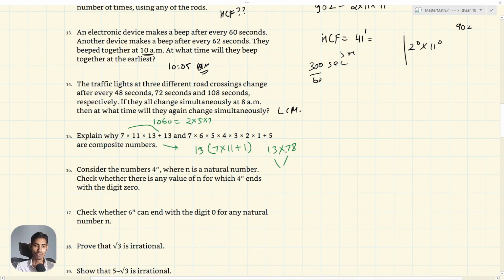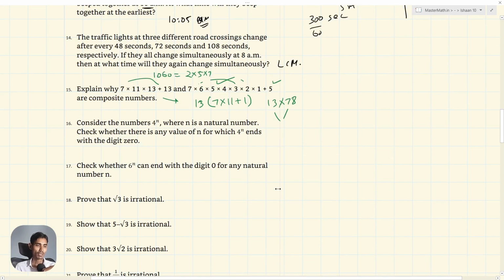Yes, sir. Same goes for this also. You take maybe 5 common. You multiply the inside values left in the bracket and you go. Okay. This is important.